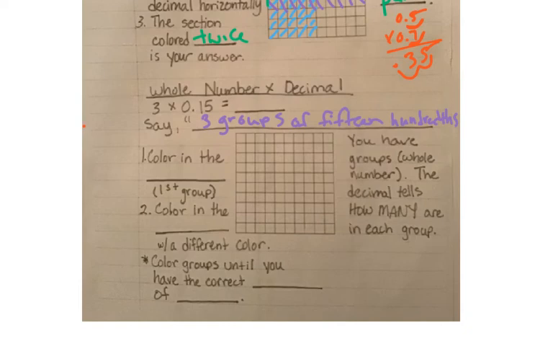All right, so we've already learned that you're going to color in the decimal, which will be your first group. So we're going to color in a 15 hundredths. So there's 10, 11, 12, 13, 14, 15 hundredths. Then we're going to color in the second group.